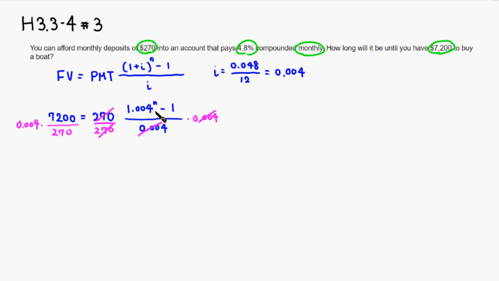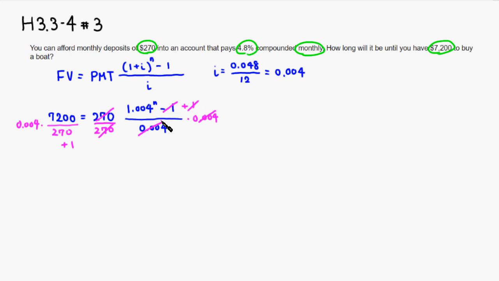Next, we're going to get rid of this guy by adding 1 to both sides, so plus 1 here as well, so that I can get rid of those.